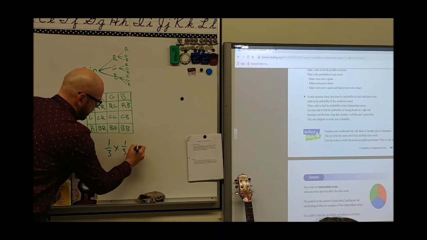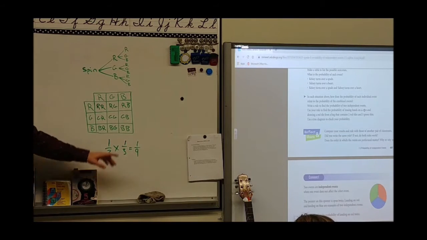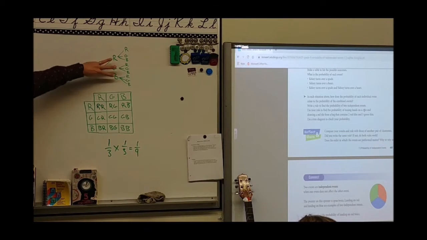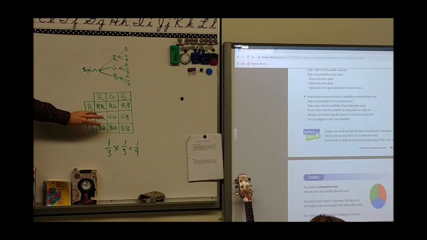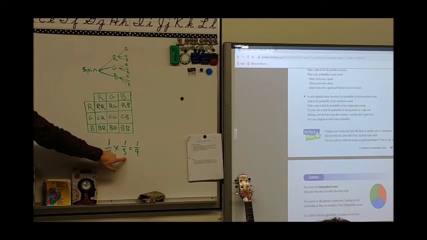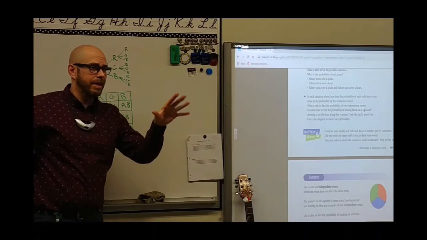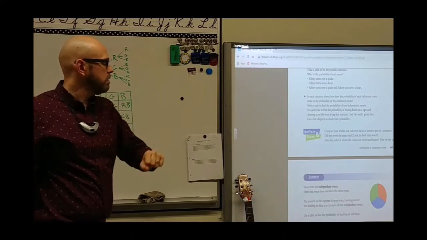So I got 1 out of 3, 1 out of 3. That's 1 out of 9. So take a look at our 3 models. 3 outcomes times 3 outcomes is 9. 1/3 times 1/3, or 1 out of 3 times 1 out of 3, equals 1 out of 9. So our theoretical probability is 1 out of 9.